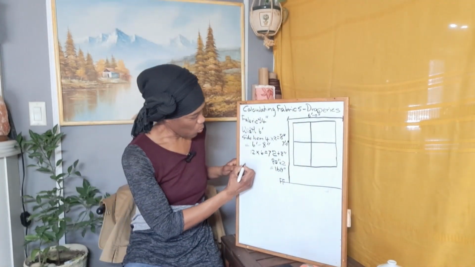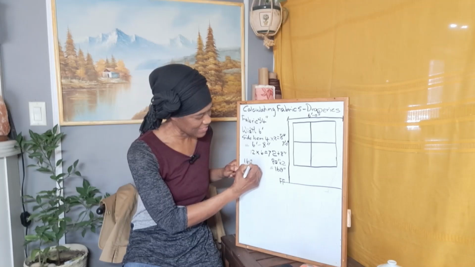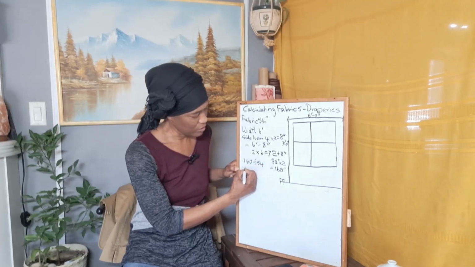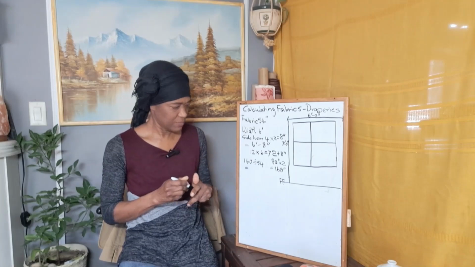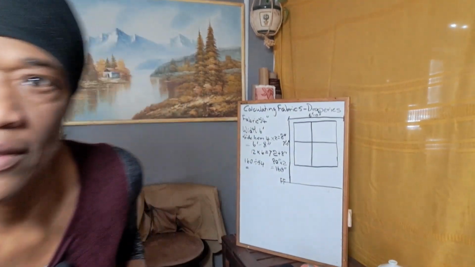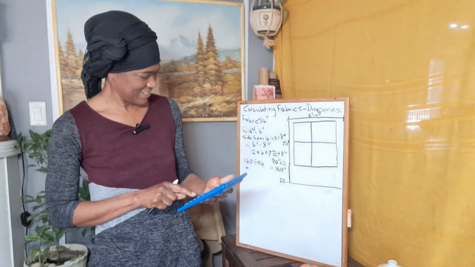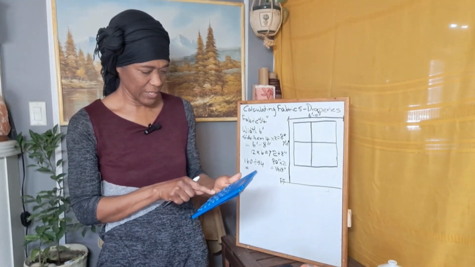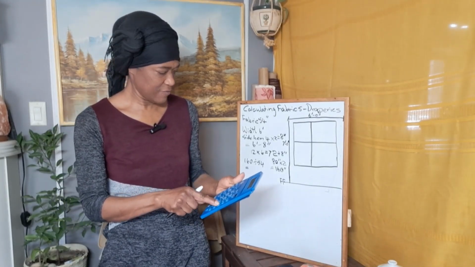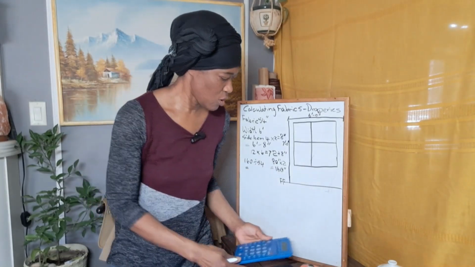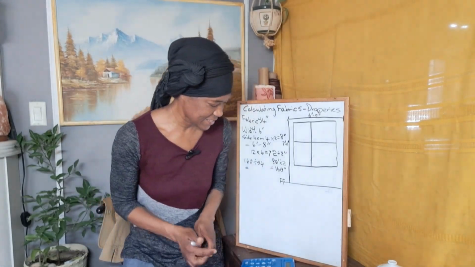So that's 160 divided by 54. Now I could do some long division, but I think I'm just going to grab the calculator and just use the calculator. So that's 160 divided by 54 equals 2.96.